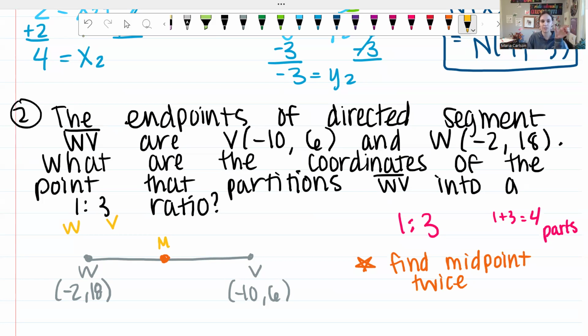So we would actually want to find the midpoint between W and M. It's good to make mistakes. W and M, we had this midpoint in here, and whatever this point is, we'll call this point P, this would separate WV into a ratio of 1 part to 3 parts. There would be 3 total parts on this other side.